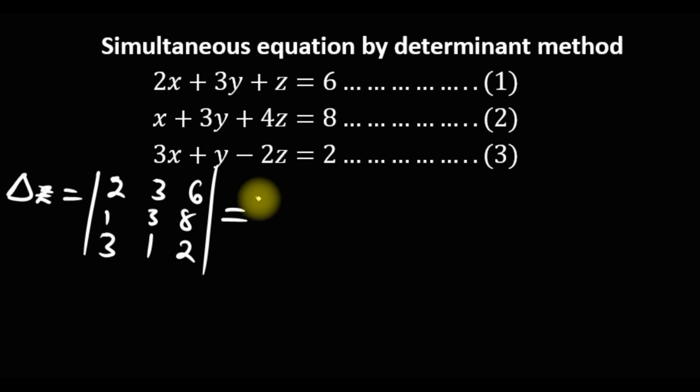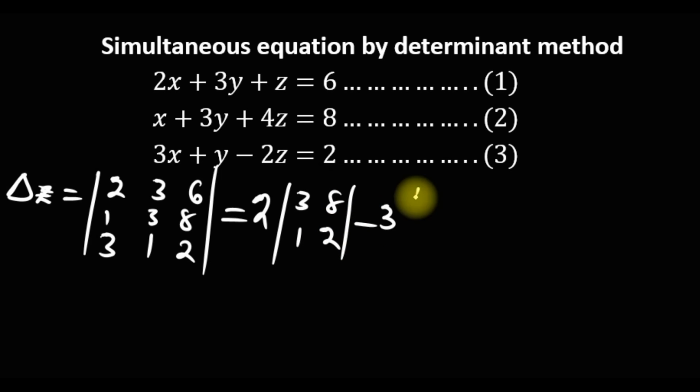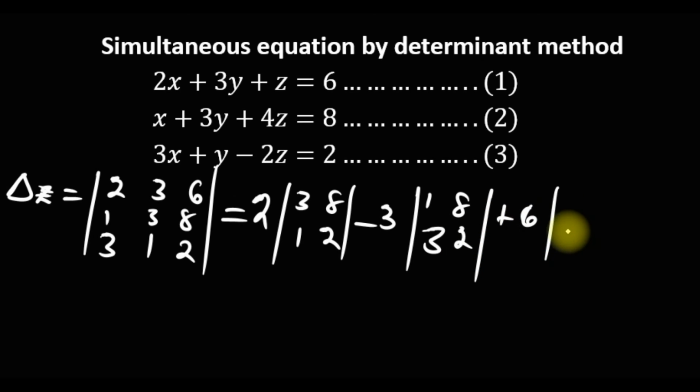Using the same first row, we have 2 times the determinant of 3, 8, 1, 2, minus 3 times the determinant of 1, 8, 3, 2, and finally plus 6 times the determinant of 1, 3, 3, 1.